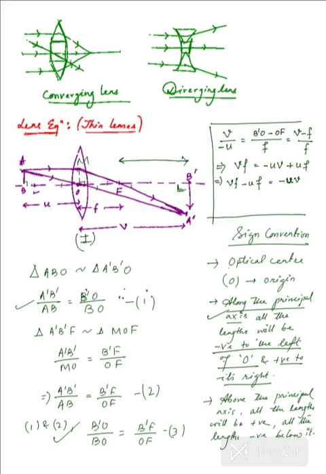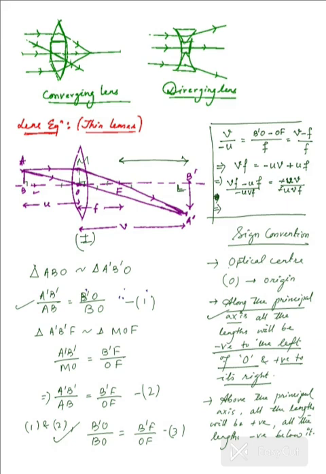So I divide the entire thing by minus UVF. Dividing by minus UVF, the negatives cancel out. Here for the negative, what we have is 1 over minus U remains, and the minus in the second term gets cancelled out.